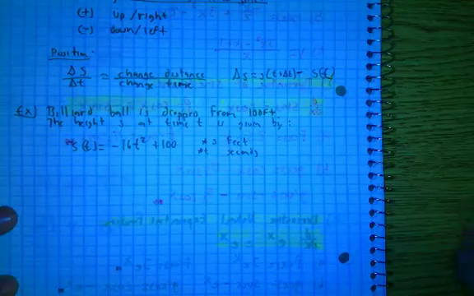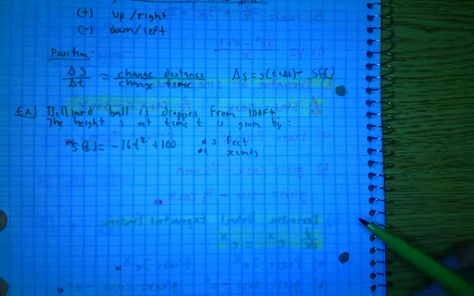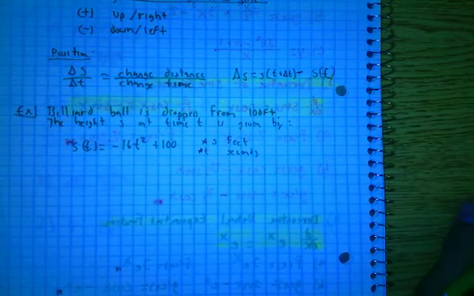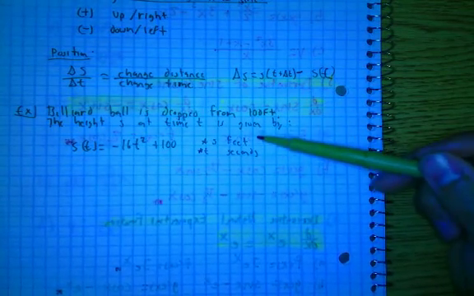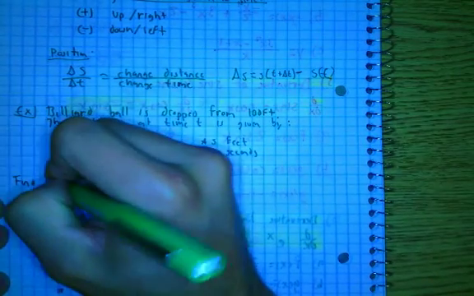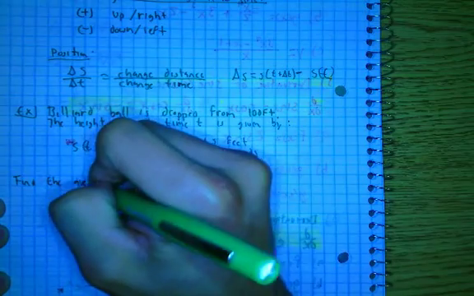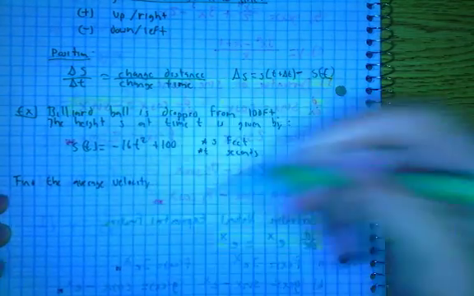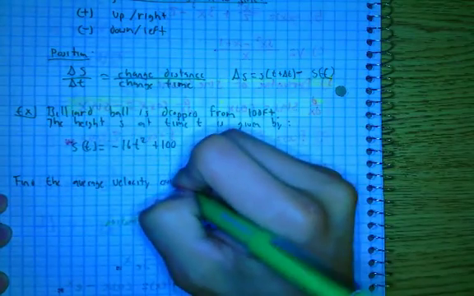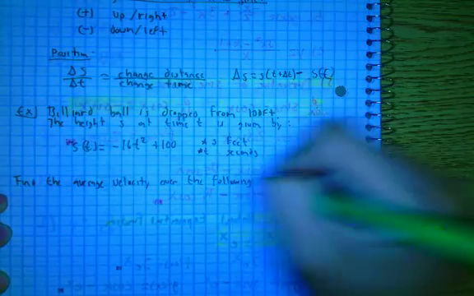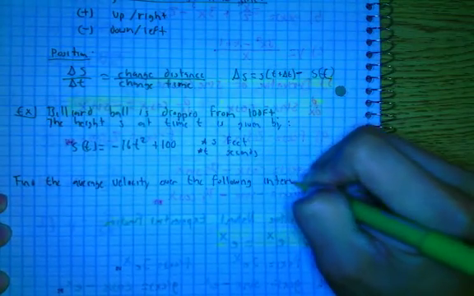So we're using feet and we're using seconds, okay? Here's the question. Can you find the average velocity over the following intervals? And I'll do one with you.